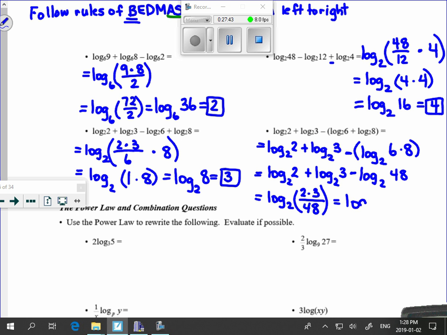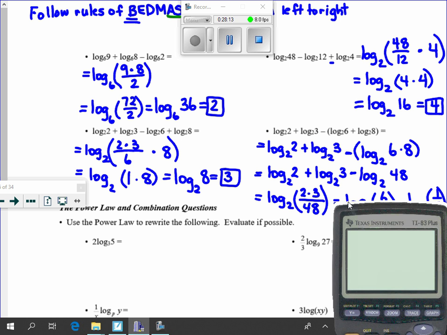This is log in base 2 of 6 over 48, which is log base 2 of 6 divided by 48, in lowest terms would be 1/8. So this means 2 raised to what power gives me an answer of 1/8. Well, you may have to enter this into your calculator.